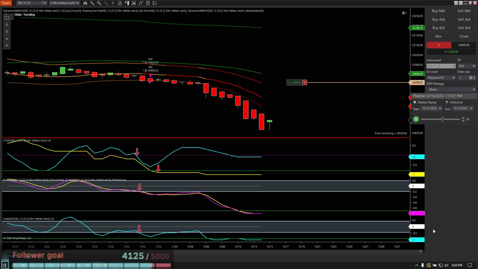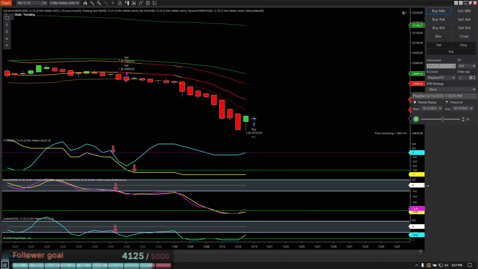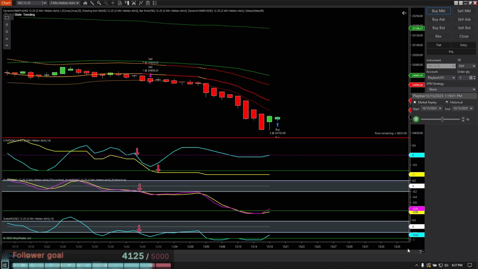The moment it tilts up, that's it, guys. That is game over. There is nothing else left in the move. That's where we buy filled, and that's where the trade ends. Okay, guys? Wow, did you see that? That's what you call precision. And that's what real algorithmic trading looks like, guys, okay?